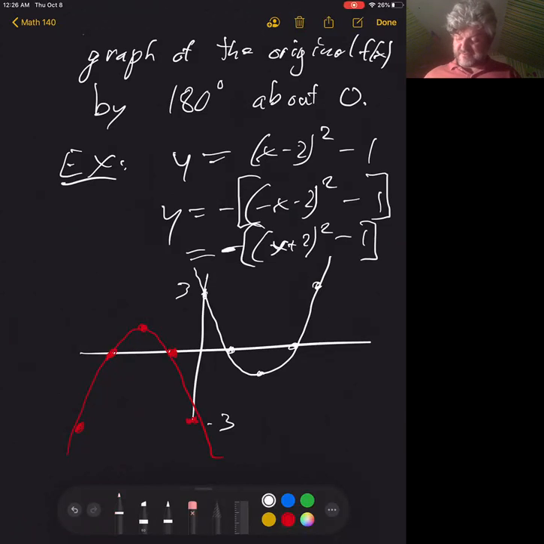And for every one of those points, you can check that it gets rotated about the origin by 180 degrees, which is a particularly nice rotation because it just means make a line to the origin and go the same distance but the other way, and you hit that corresponding point on the red graph. So this is how you can easily do a 180 degree rotation with a couple example points and then sketch that graph.